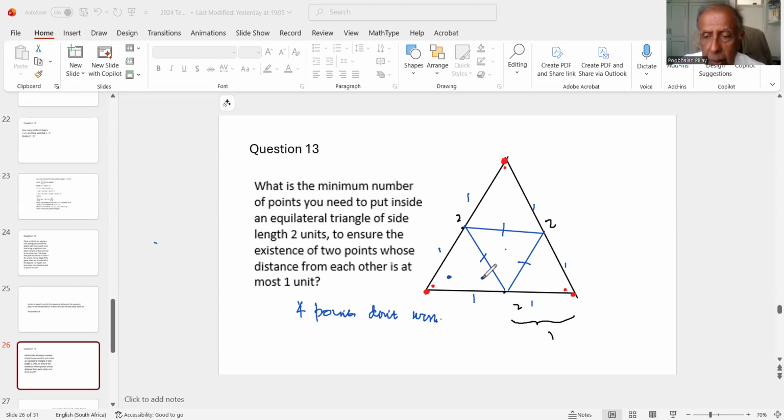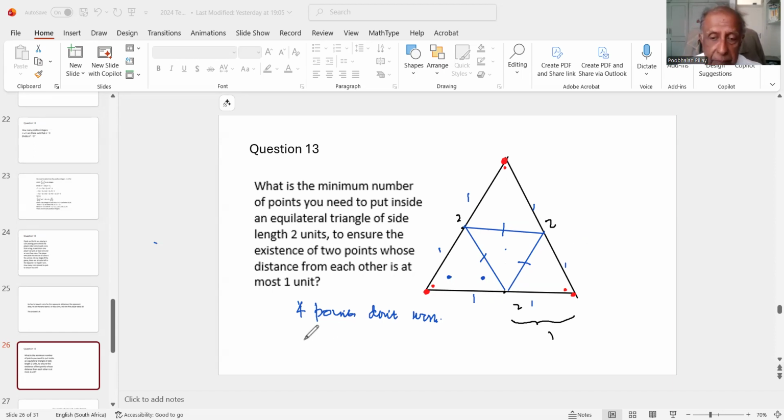So maybe those 2 points will be like that. And now these 2 points, the distance between them will be smaller than the longest distance you can draw between this. That's not very easy to prove, but you can see intuitively that if you take any 2 points inside the triangle, then the distance between those 2 points will be smaller than the side of the equilateral triangle.